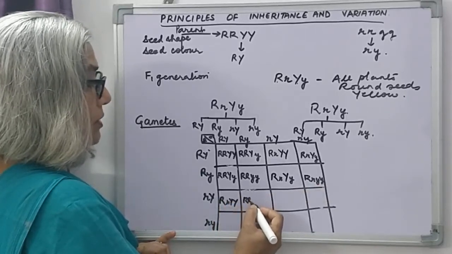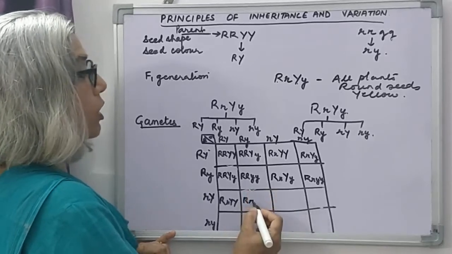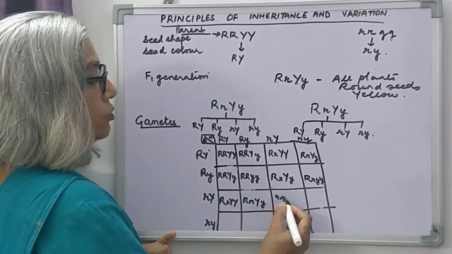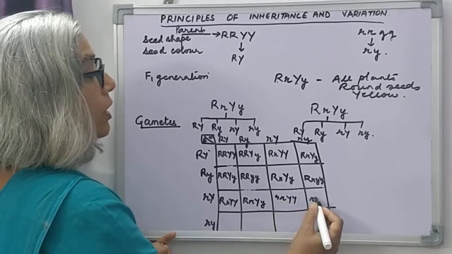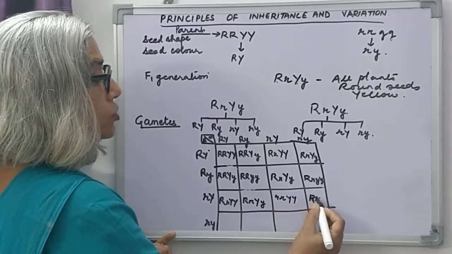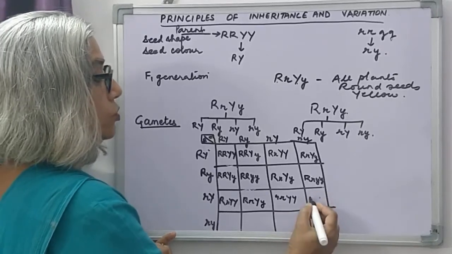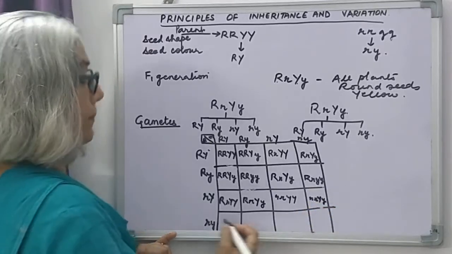Capital R, small r, capital Y, small y. Small r, capital Y, capital Y. Small r, capital R, two small r's, one capital Y, one small y.